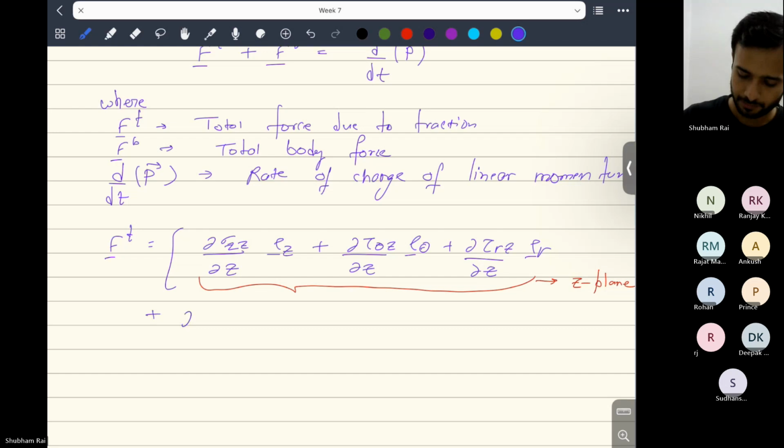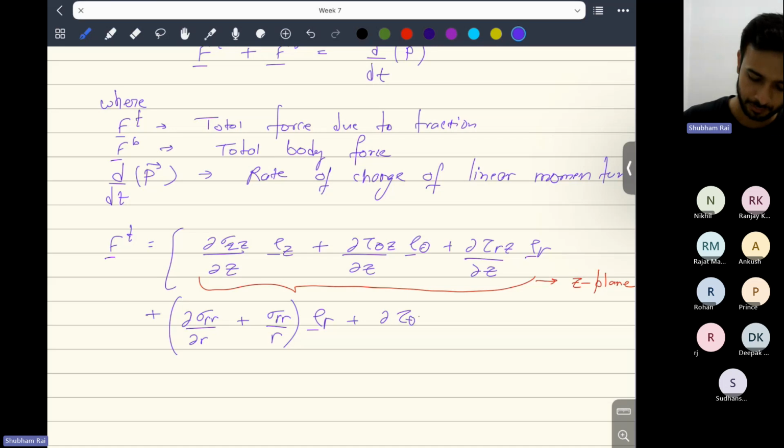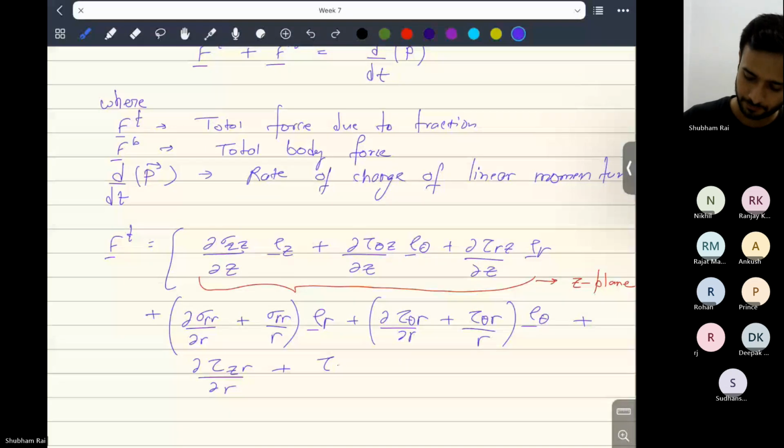Plus del sigma rr over del r plus sigma rr over r, in direction er, plus del tau theta r by del r plus tau theta r by r, in e theta, plus del tau zr by del r plus tau zr by r, in direction ez. So this is on r plane.